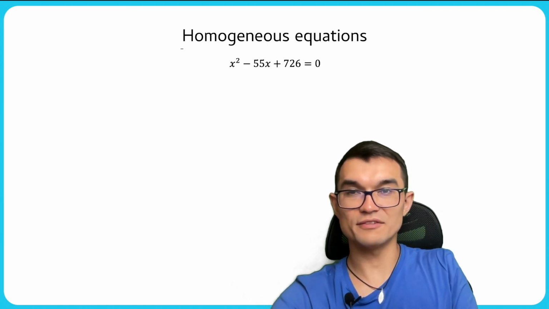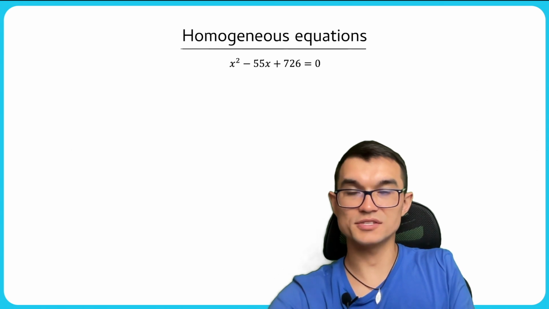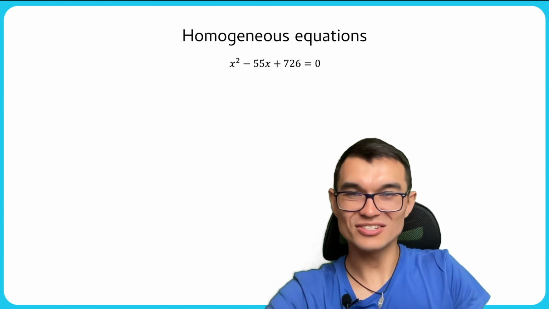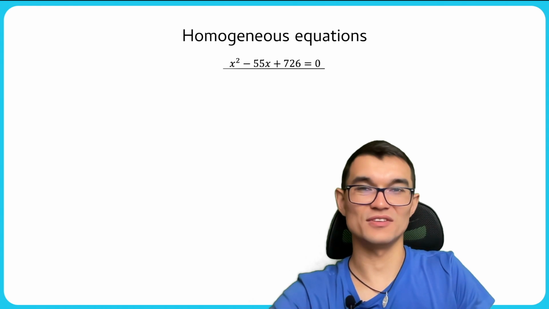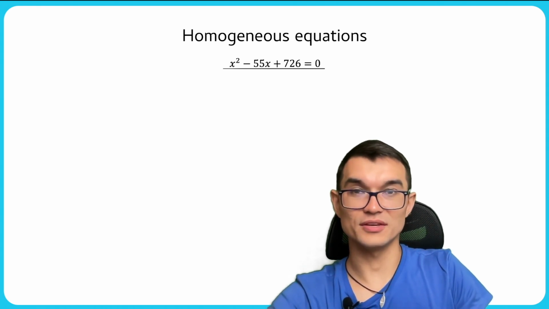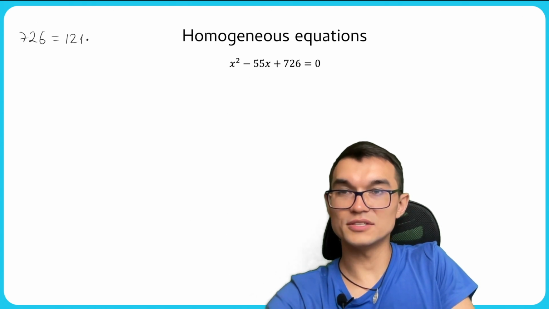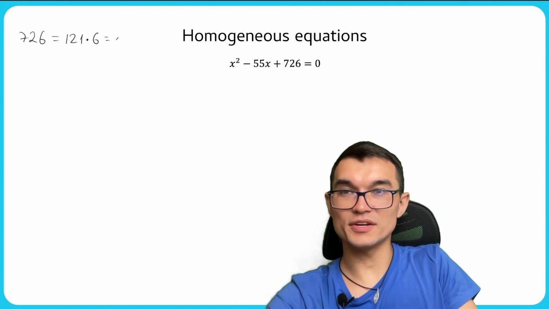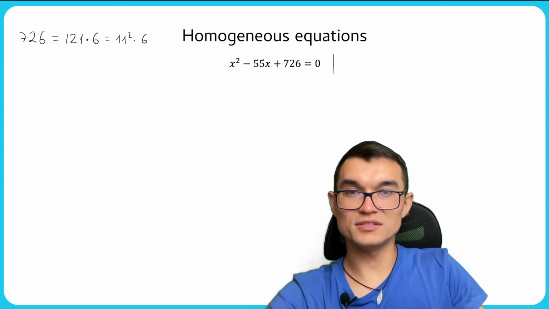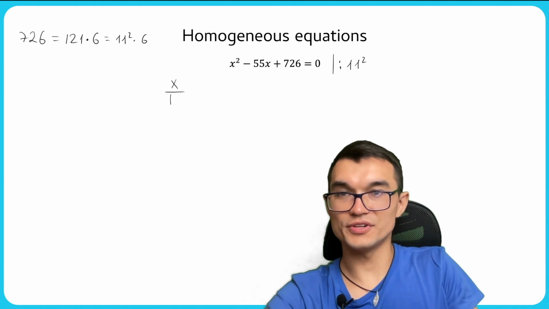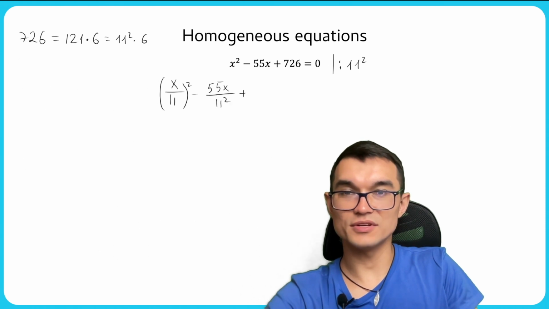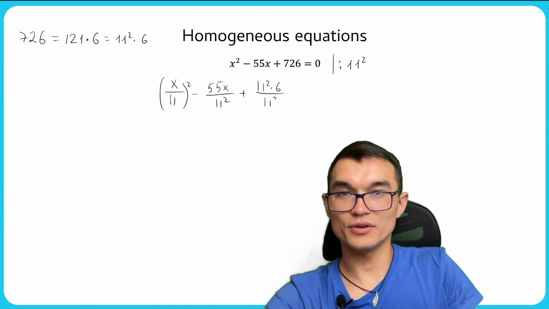And our final, 11th method of solving quadratic equations is solving a homogeneous equation. Actually, that is not a homogeneous equation as per definition, but still we can use the method here. We have to notice that 726 is 121 multiplied by 6, and 121 is 11 squared. So if we divide both sides of that equation by 11 squared, then what we've got is (x over 11) squared minus 55x over 11 squared plus 726, which is 11 squared times 6, over 11 squared, equal to 0.